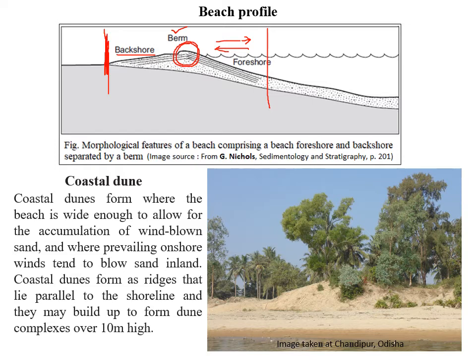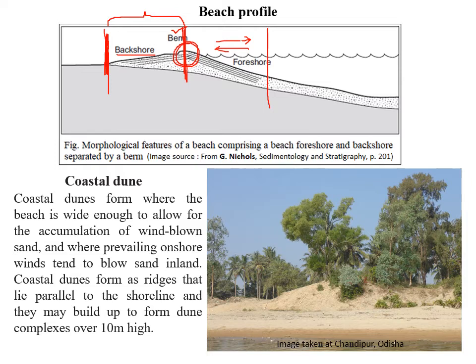So in most cases, as you can understand, for most of the time of the year, the backshore parts remain dry. The backshore part becomes wet only during high energy conditions, when storms or other kinds of high energy waves or currents come and inundate these areas.